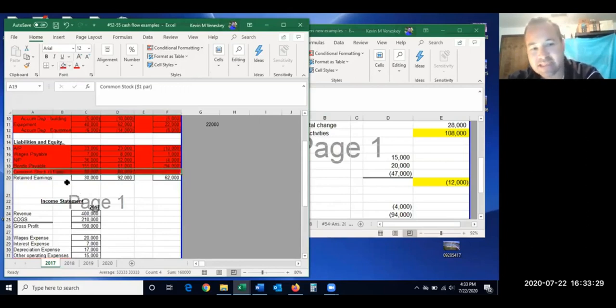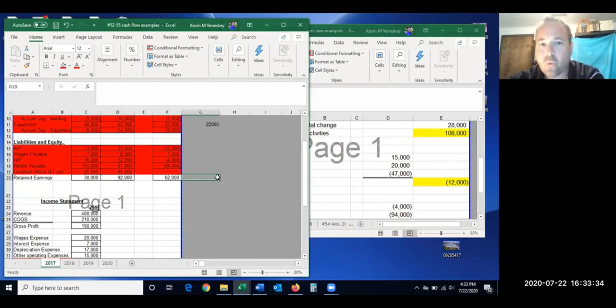The last thing is the retained earnings, and it went up 62,000, but let's figure out why it went up 62,000. If you think of closing entries, and as long as nothing else happened to retained earnings, like sold treasury stock at a loss, but you would have to be told that. Let's assume nothing else happened.